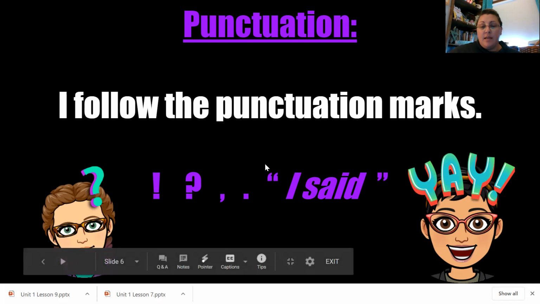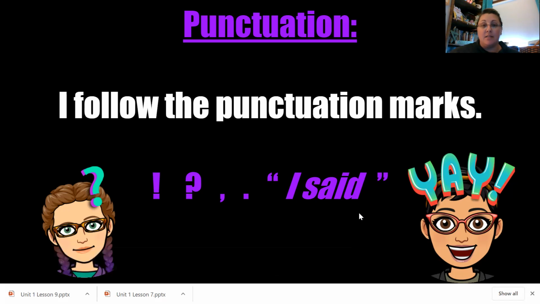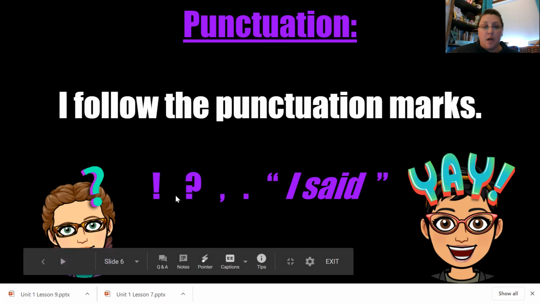Now, these marks are telling you someone is saying something. So I typed the words I said in here because when you see these marks, that means someone is talking in a sentence. So we're only going to use the exclamation point, the question mark, and the period in kindergarten, but you should know the other marks while you read.